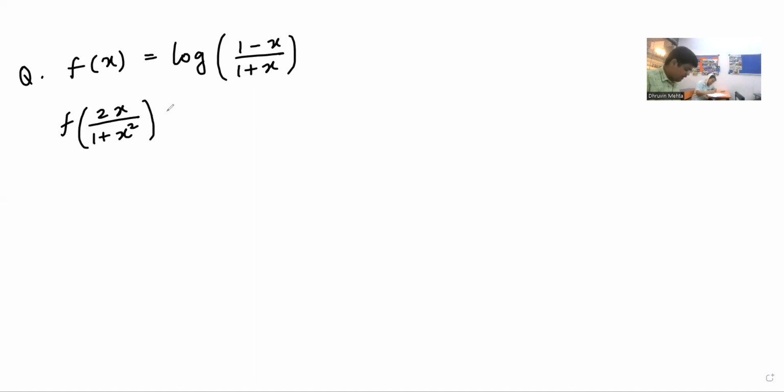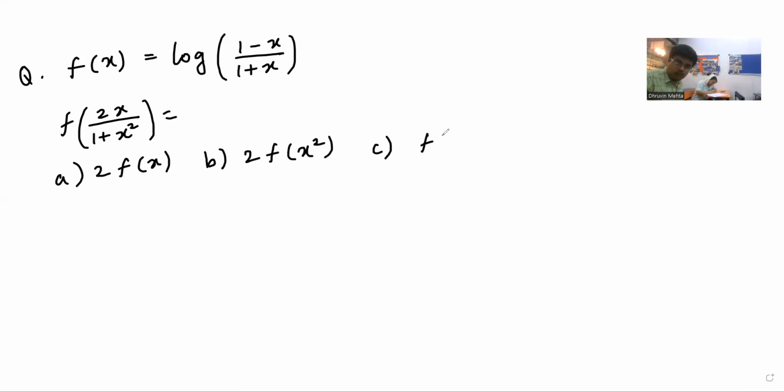The options are 2f of x, 2f of x square, f of x the whole square, and minus 2 f of x. You have to replace x with 2x upon 1 plus x square and take LCM and solve.